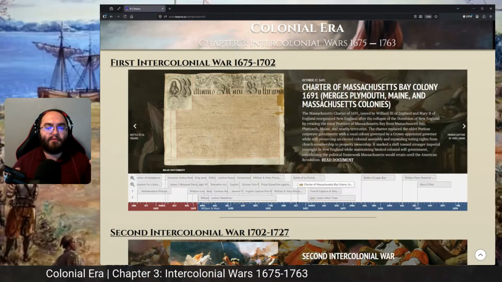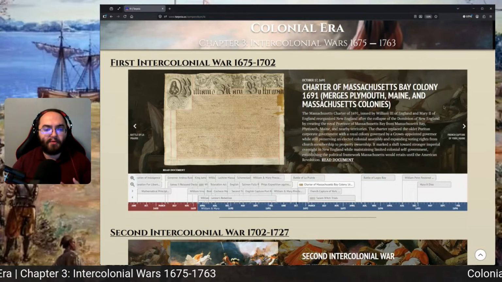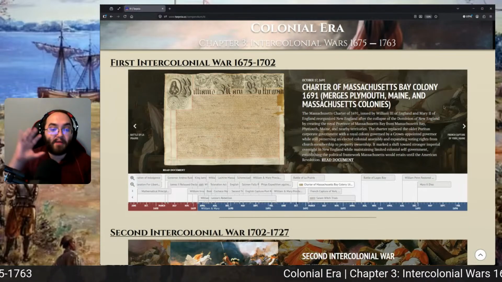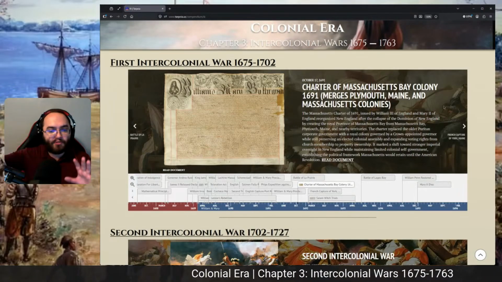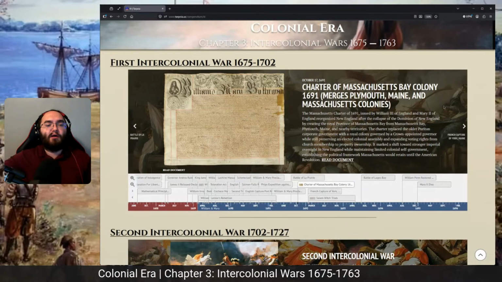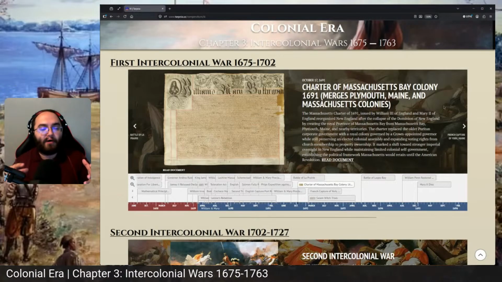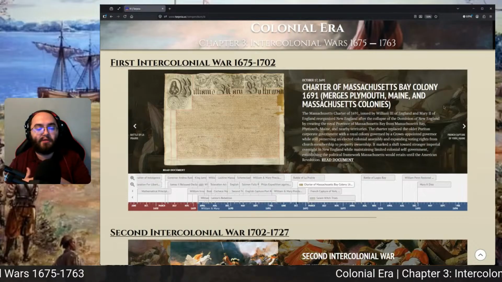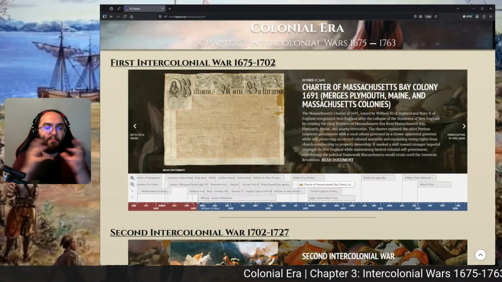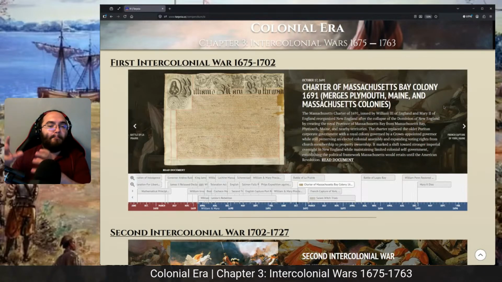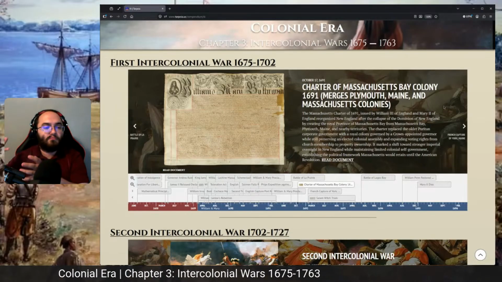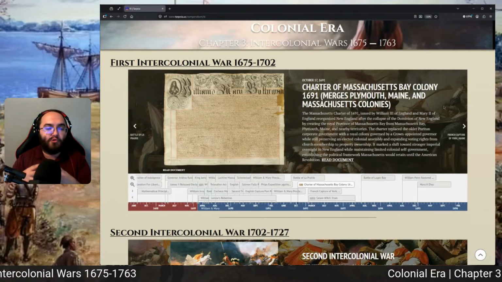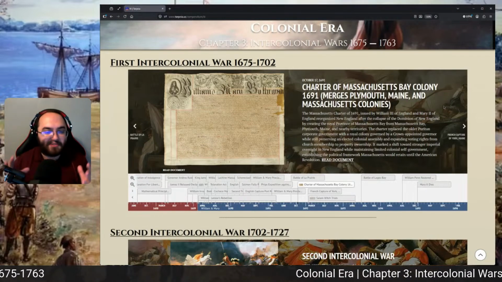And for this one, they combined the original Plymouth colony with the Massachusetts Bay Colony and Maine Colony. So at first, those three were separate colonies, and then they, along with others, were combined into the Dominion of New England. And now the Dominion of New England is being reorganized into the smaller colonies again, but some of the original smaller city-level colonies are now being merged into medium-sized colonies.